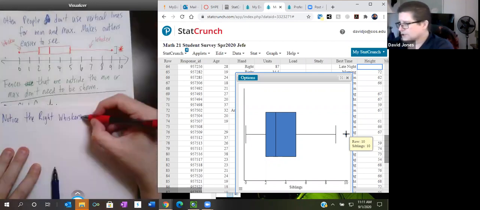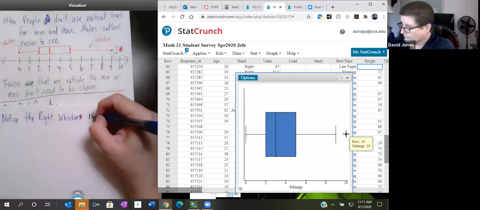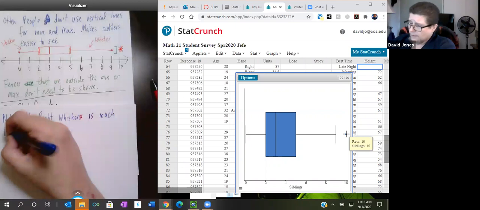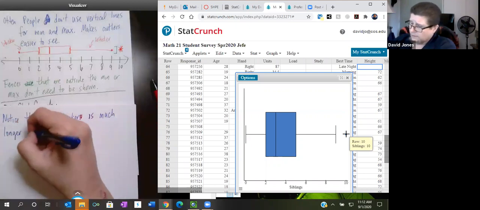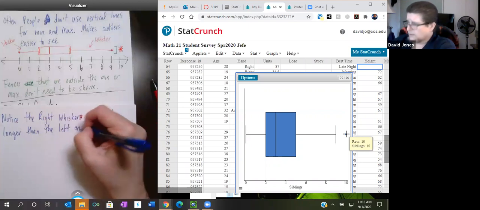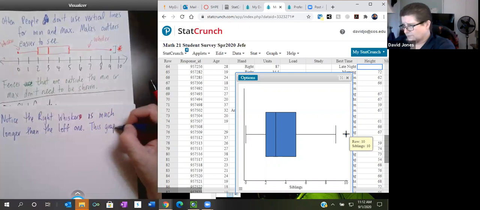Note the right whisker is much longer than the left one. This graph is skewed right.